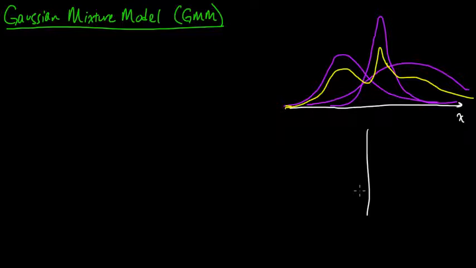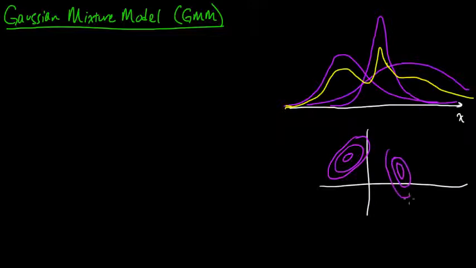Let me briefly sketch out a two-dimensional example. I'll use the same colors. Maybe the level sets, or contour lines, for one Gaussian were like that, and we had another one like this, and of course they keep going, so these are going to eventually intersect.